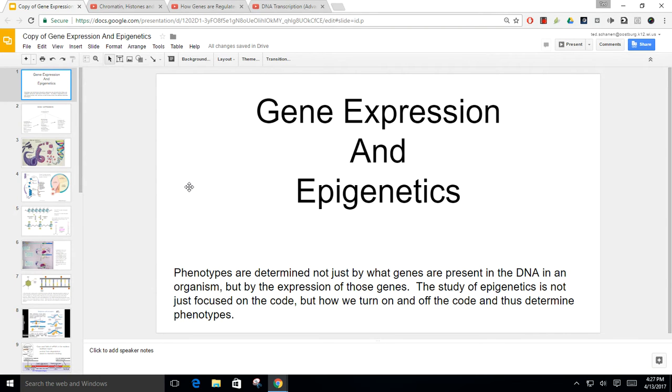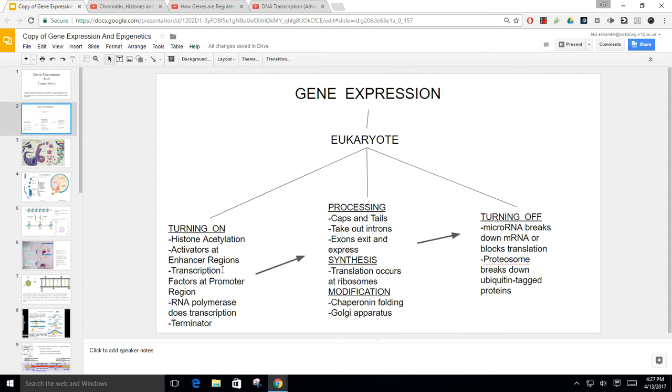So, the study of epigenetics is not just focused on the genetic code or the genome, but how we actually turn things off and thus determine what the physical appearance looks like. So again, this time we're going to be talking about turning things on.